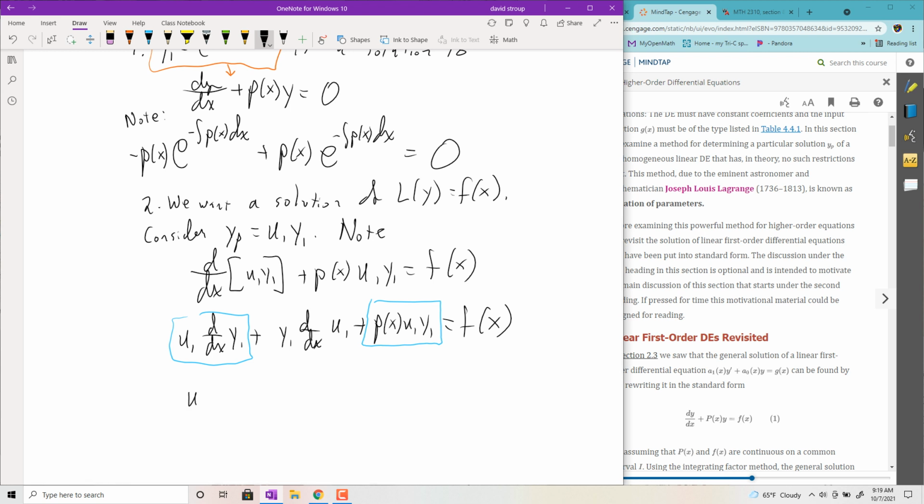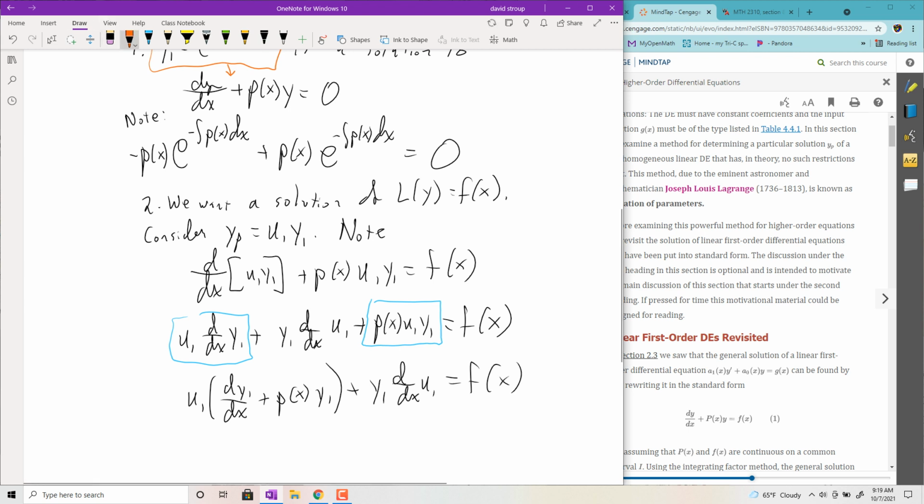Well, we'll have u1 times the derivative with respect to x of y1 plus p of x y1, and then plus the y1 times the derivative with respect to x of u1, and that equals f of x. This part, we've already shown above, is equal to 0, right?